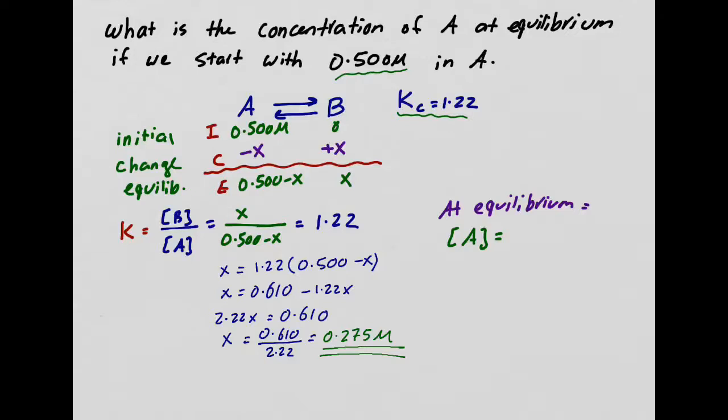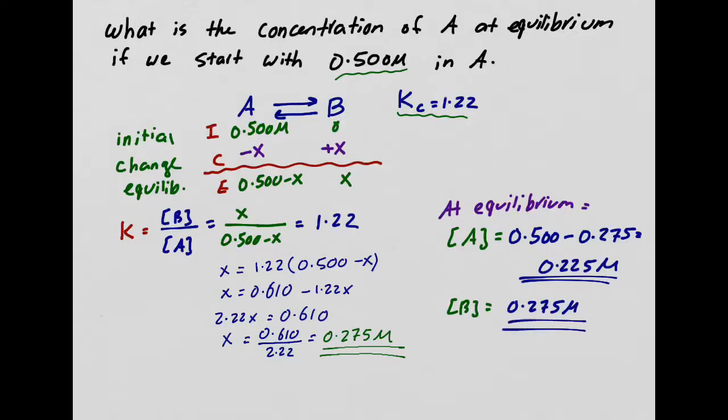So at equilibrium it is just going to be 0.500 minus x, and my x is 0.275. So what I end up getting is 0.225 molar. Now at equilibrium, let's take it to the next level. What would be the concentration of B? B is just x, right? So the concentration of B would just be 0.275 molar.